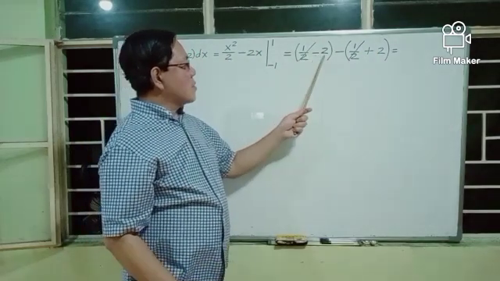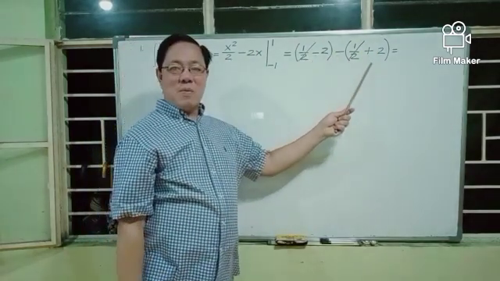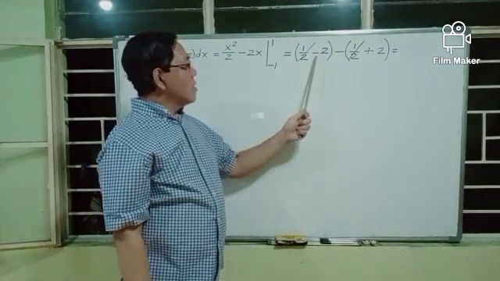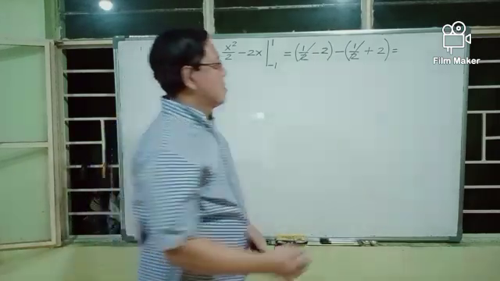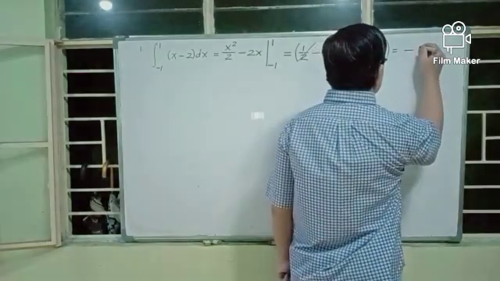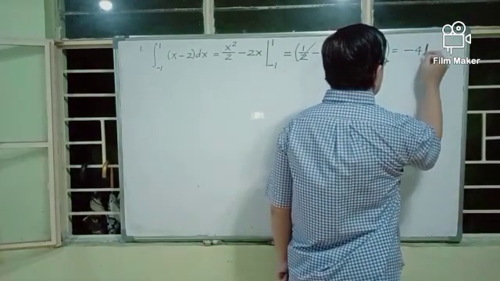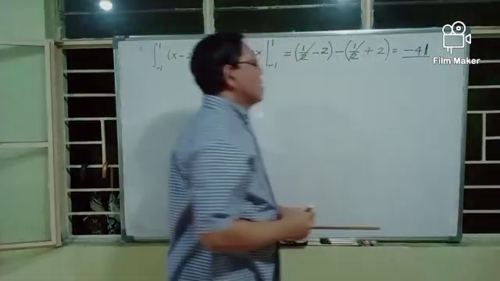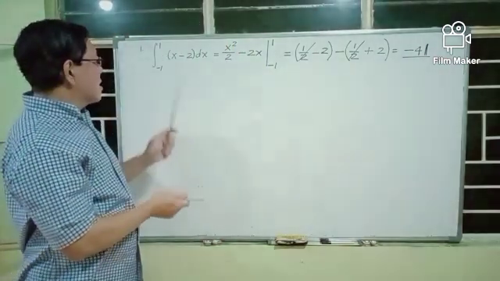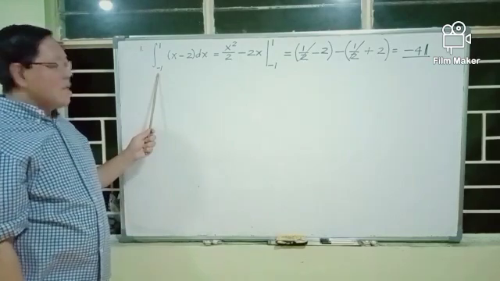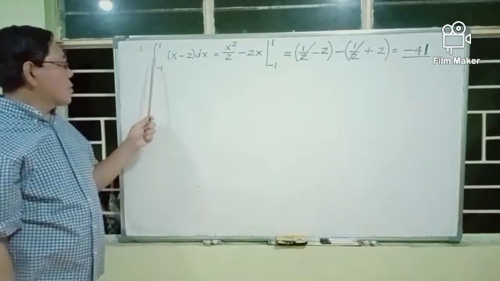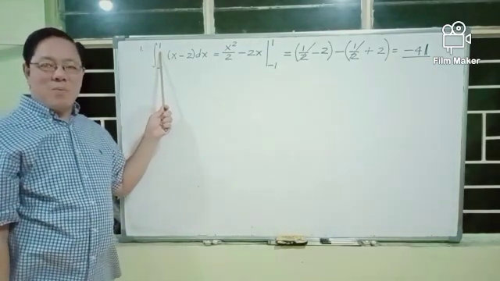And this is minus 2, negative times positive is negative 2. Thus, we have minus 2 is negative 4. And that is the integral of x minus 2 dx for x equals minus 1 to x equals positive 1.